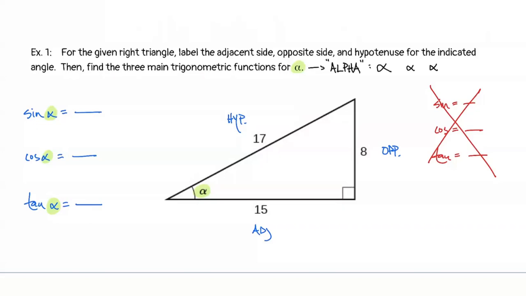All right, what do we get for sine of alpha? Let's go back to this actual question. What do we get for sine of alpha? How do we get 1/2?